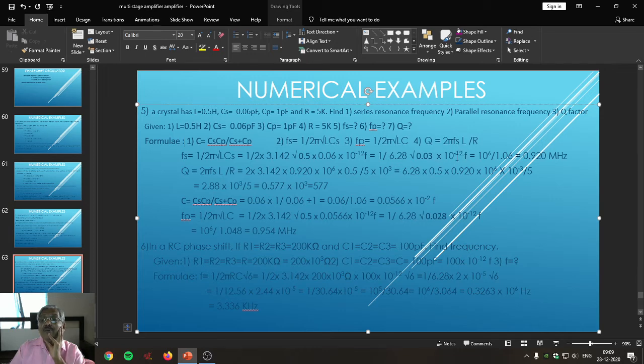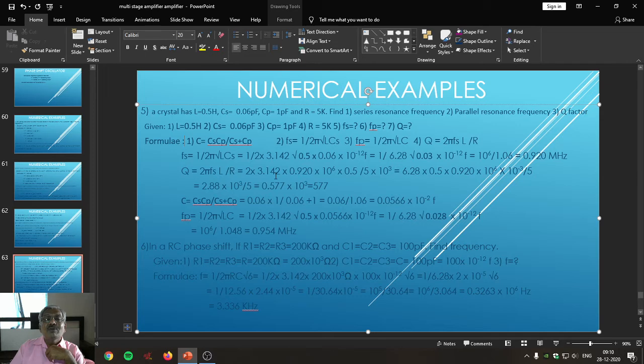When it is taken to the numerator, it turns to be 10 raised to 6 upon this entire solution, that comes to be 1.06. If you take the reciprocal of 1.06, it is 0.920 into 10 raised to 6 hertz, or 0.920 megahertz.